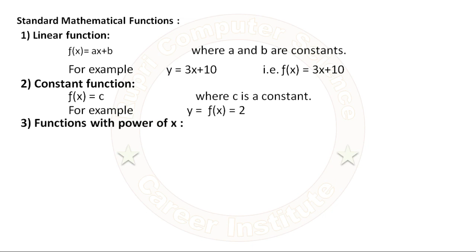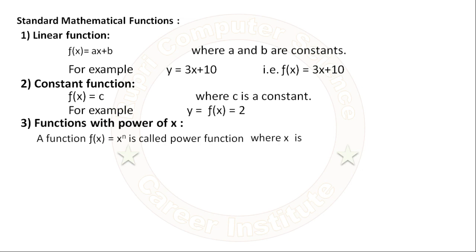Now third, functions with power of x. Here we learn the power function, that is x raised to something, x raised to 2, that is x square, or x raised to 5 or x raised to n. A function f(x) is equal to x raised to n is called a power function, where x is called the base and n is called the power.